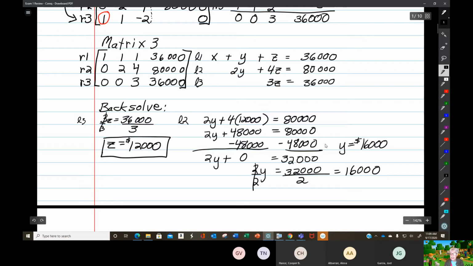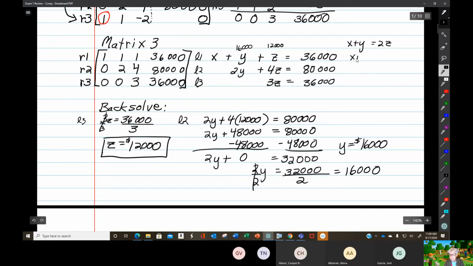And now we take these two amounts up to row 1. I'm going to put 16,000 in here and 12,000 in here. Now, we could use this line right here to solve for X, or we could have said, well, wait a minute. I know that X plus Y equals 2Z.